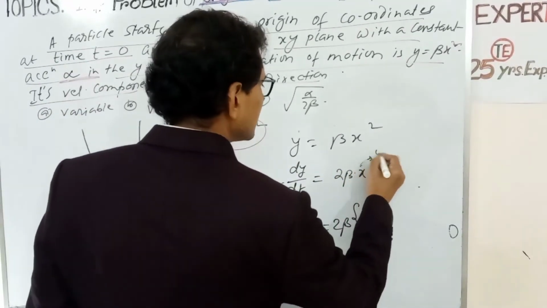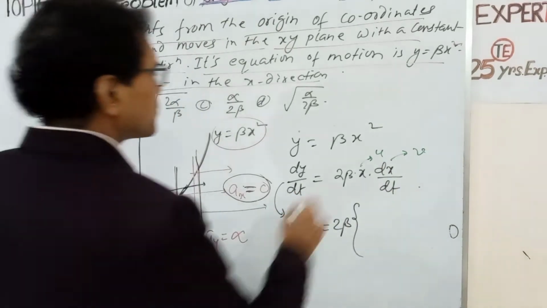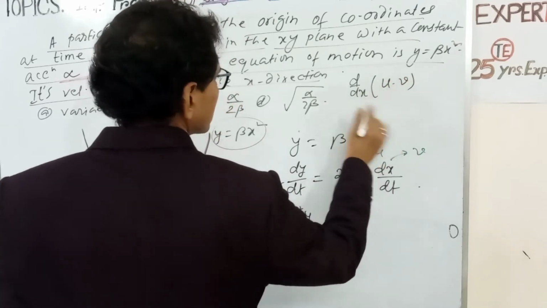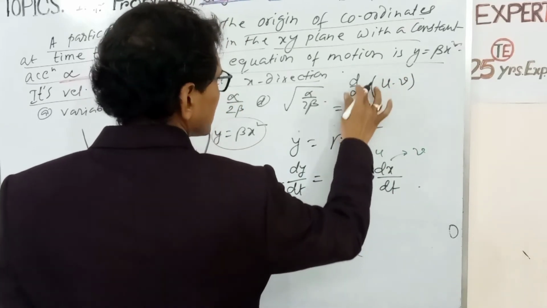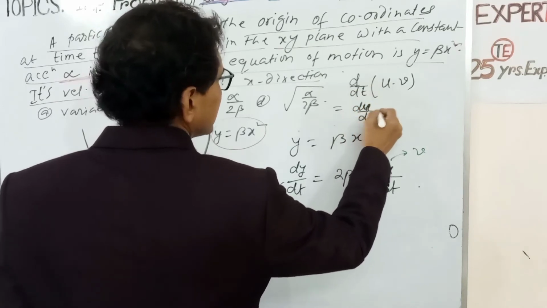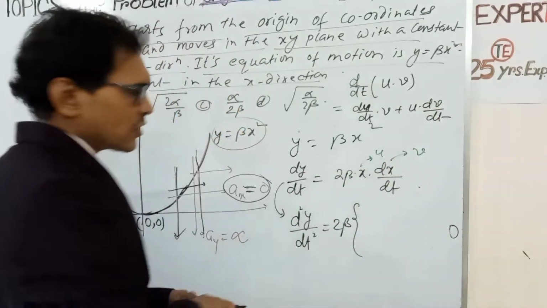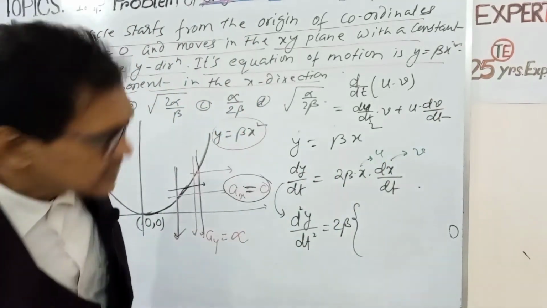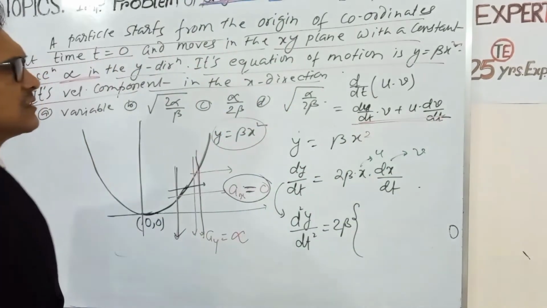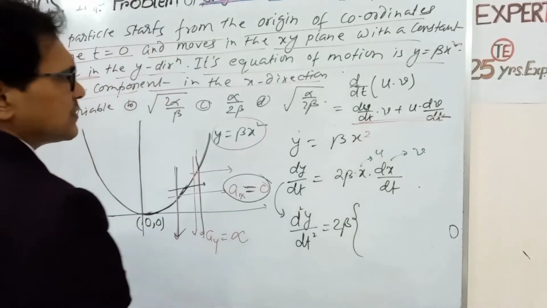In terms of u and v, you have to differentiate. The formula for the derivative of u into v, you know from basic mathematics, is du by dt into v plus u into dv by dt.